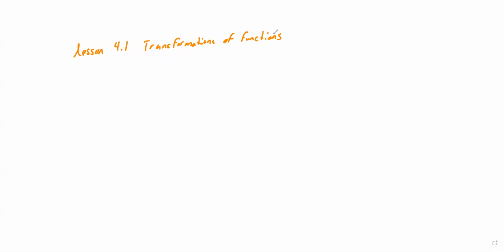And then you can use this little chart pretty much for every function there is out there. It goes like this: A f of b times x minus h plus k.